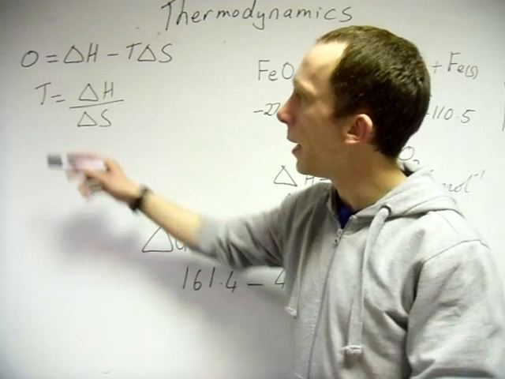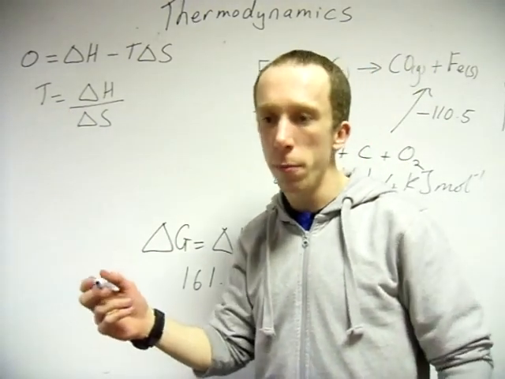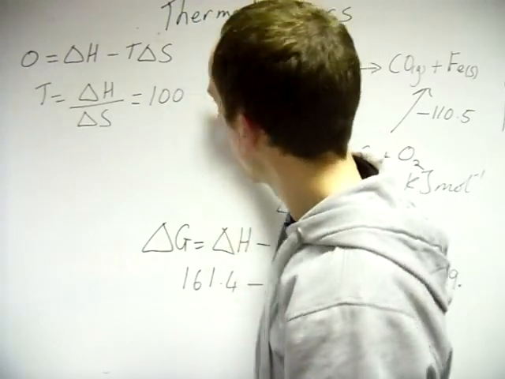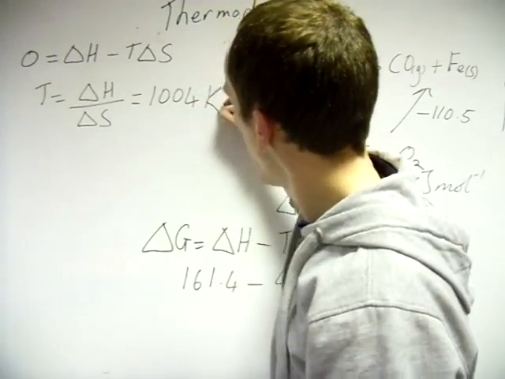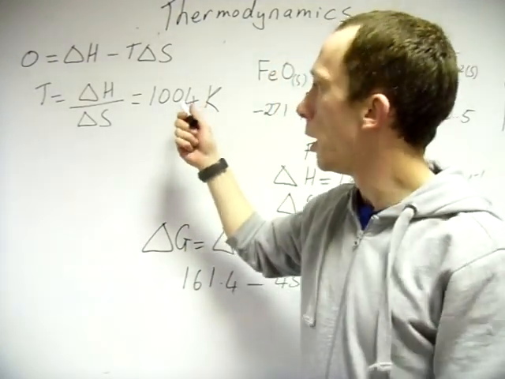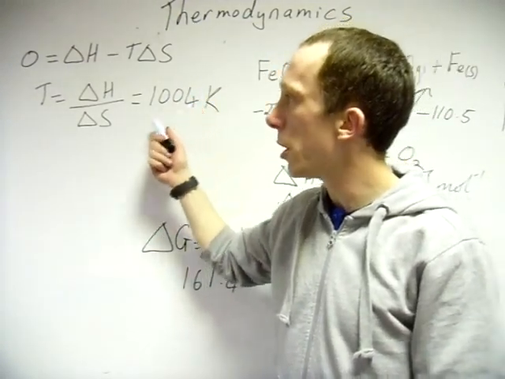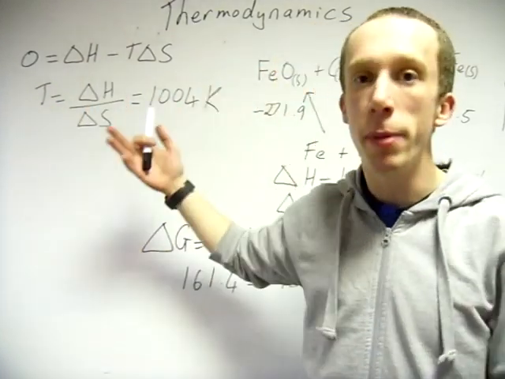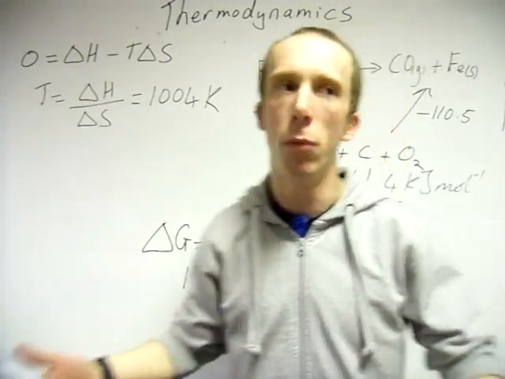If you plug that in and work out temperature, that comes out as 1,004 Kelvin. So I must have the temperature to a minimum of that amount, and then the reaction will proceed. Higher is better. Higher will make it go even more.